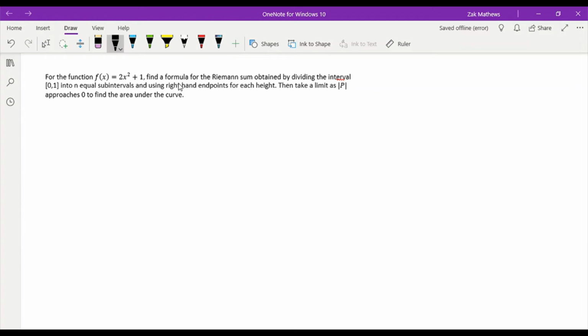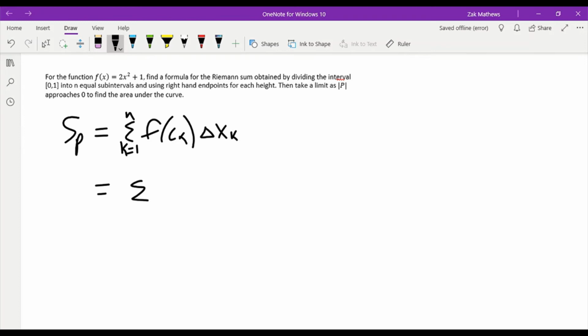So remember that Riemann sum, S sub P, is equal to the summation, k equals 1 to n, of the height of each rectangle times the width of each rectangle. So we need to start there. We need to get the height and the width of each rectangle.